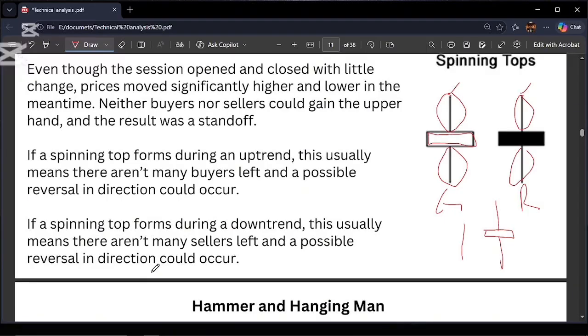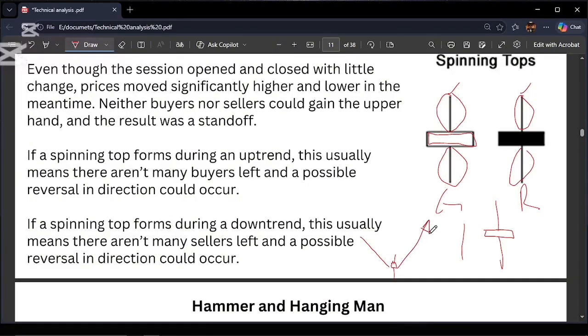If it forms during a downtrend, it indicates that a reversal might come, because the sellers are getting exhausted, and it could reverse into an uptrend.